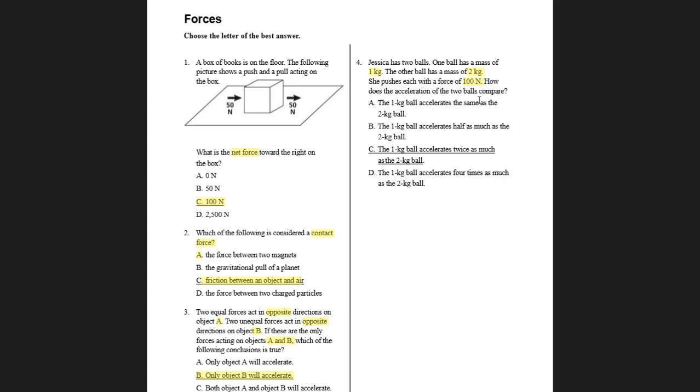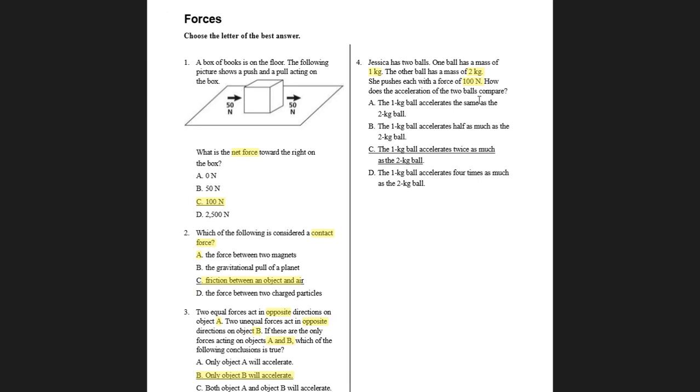But in this question, we want to calculate the acceleration of each one of them. So acceleration is calculated by dividing the force over the mass. Again, to calculate the acceleration, you must divide the force over the mass.